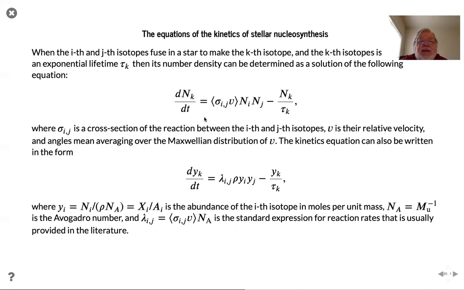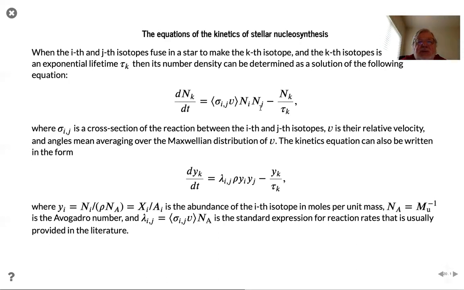Okay, in either case, this is just an exemplary equation. It assumes that there is a fusion between isotopes I and J, and the isotope of type K can also experience decay with a characteristic exponential lifetime tau.